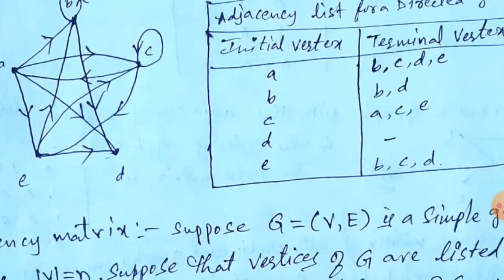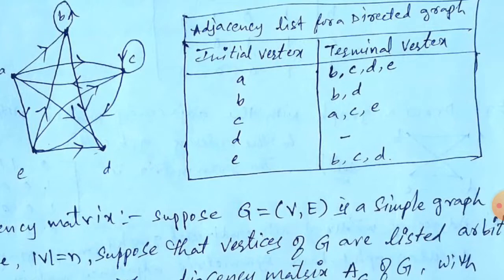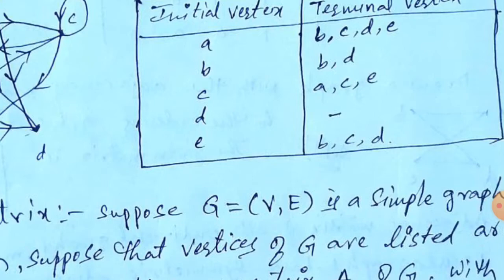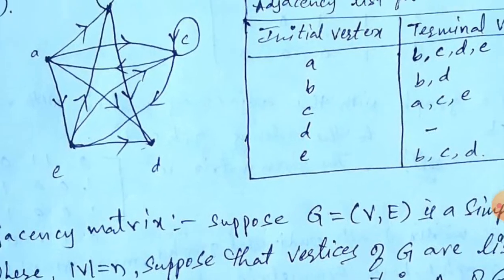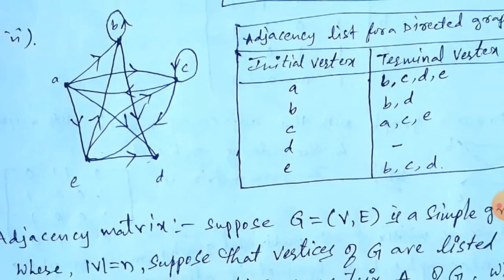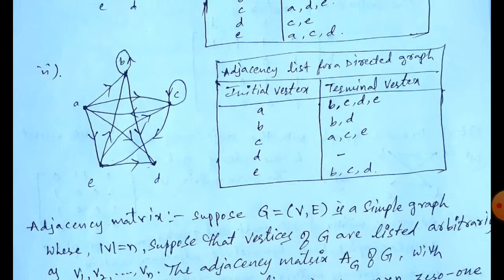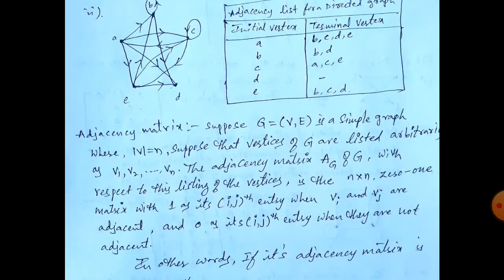So from D to any vertex there is no edge. Now observe E to B, C, D. B, C, D are adjacent to E. We can call it like this, because E to B is there, E to C is there, E to D is there, an edge. So these are the adjacency lists for the directed graph.